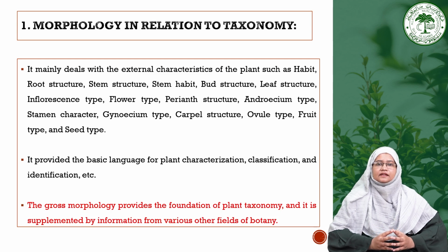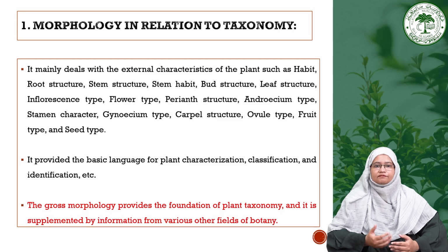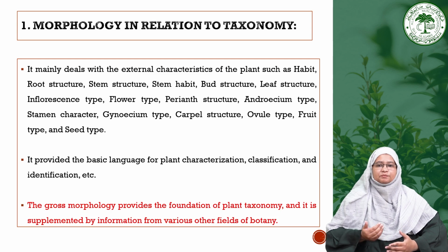Now moving forward to the first, that is morphology in relation to taxonomy. This mainly deals with the external characteristics of a plant such as habit, root, stem, stem habit, then leaf structure, type of inflorescence, flower type, then perianth structure and arrangement, type of androecium, their adhesion, cohesion, then the characteristics of stamens, gynoecium type, carpel structure, types of ovules, fruit types and seed types.